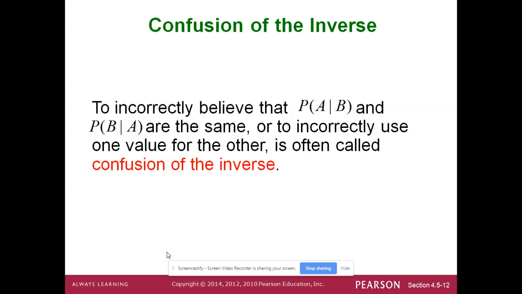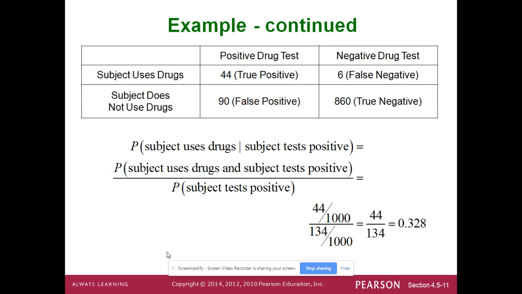It's got that name. Use the one you meant to use. A given B and B given A are not the same. Sometimes they are, but not always. So be careful of that, and make sure we're getting those pieces right.